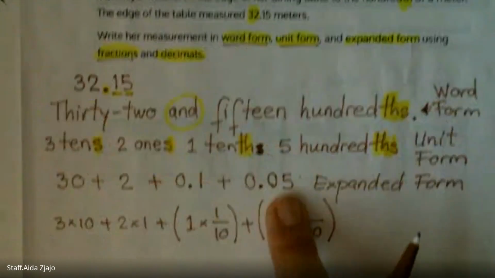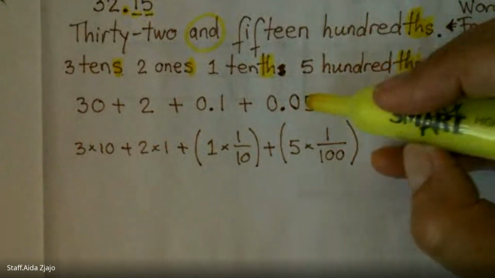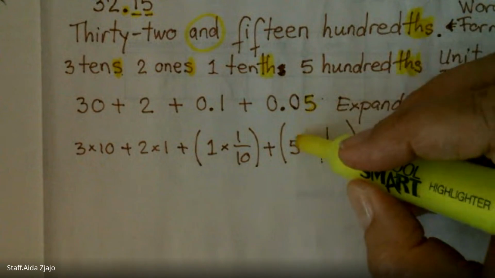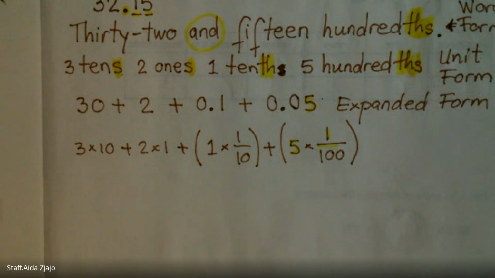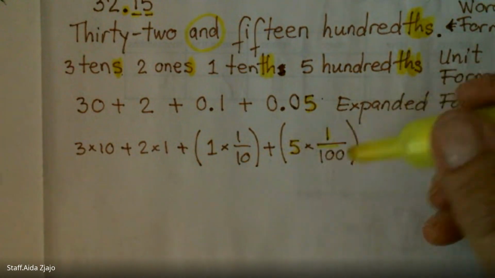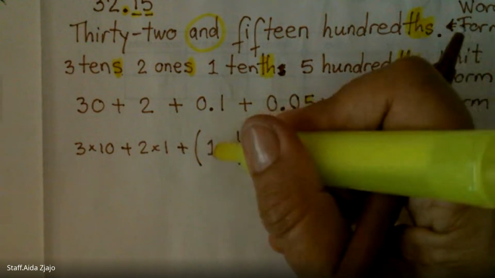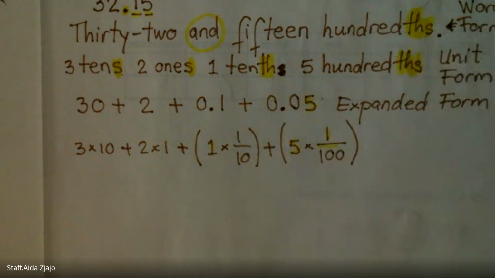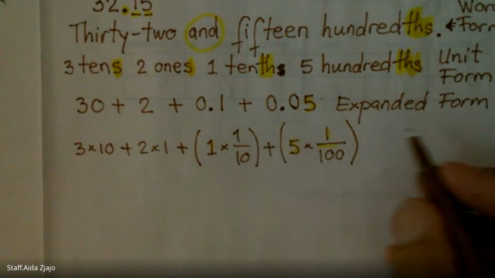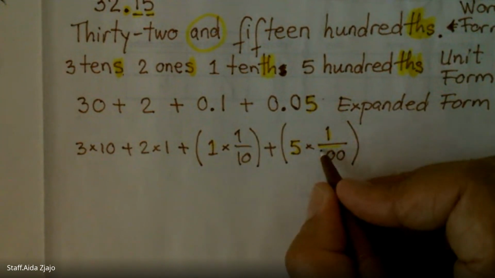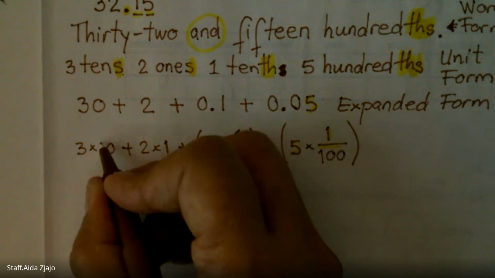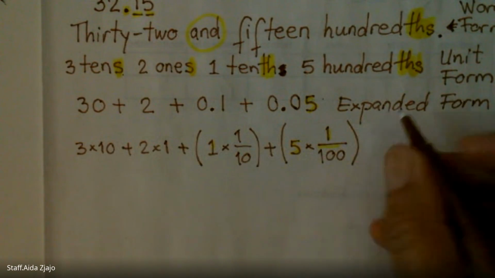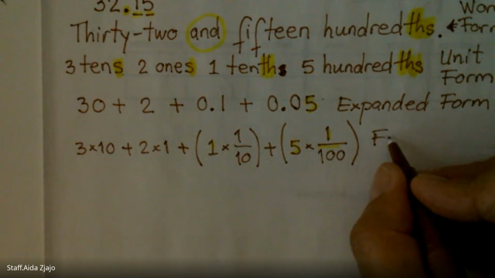You can see this is 5 out of 100 pieces, and this is just 1 out of 10 pieces. So that is expanded fraction form.